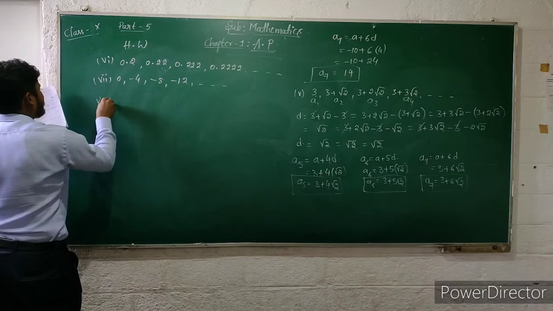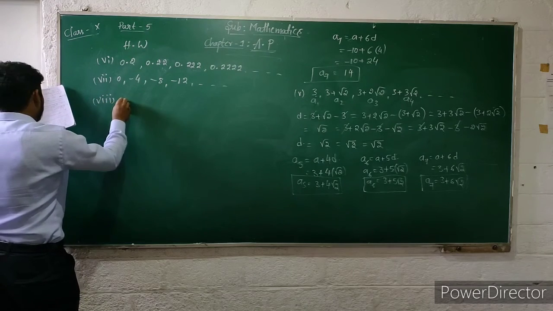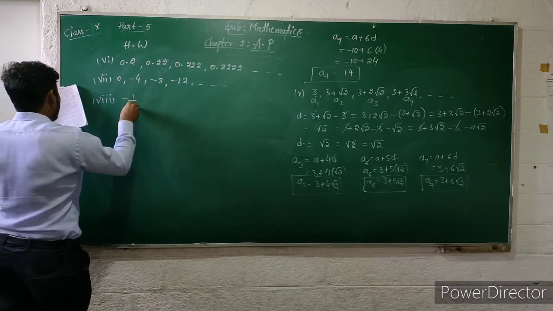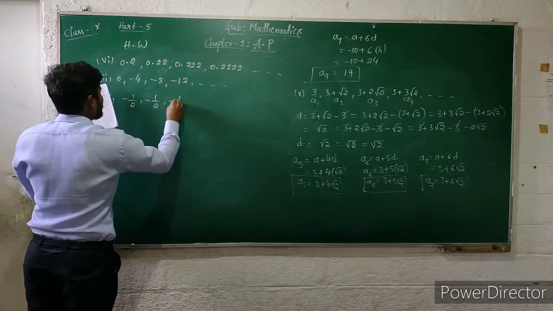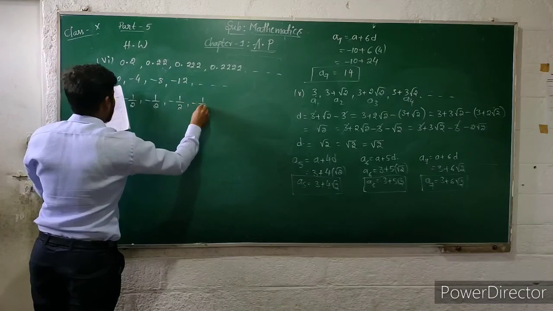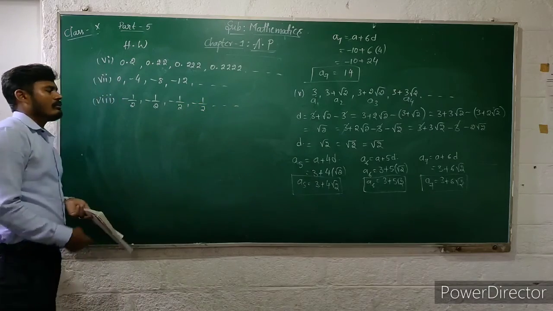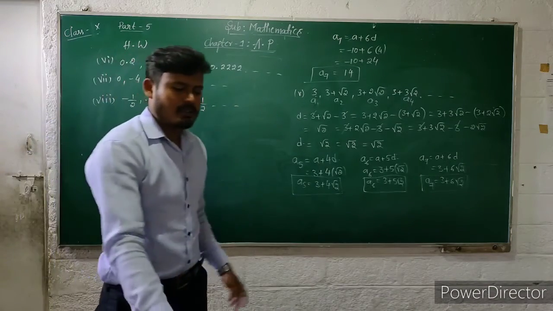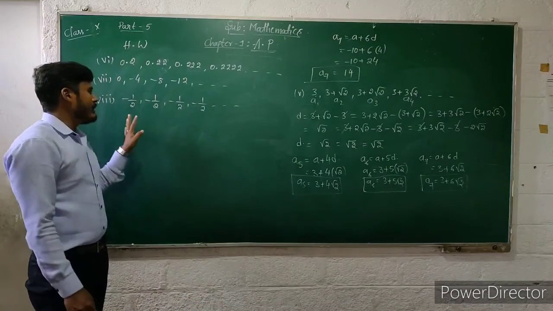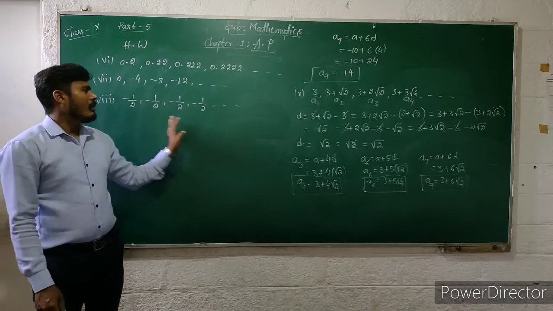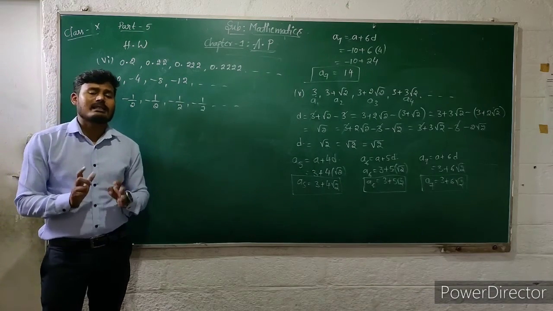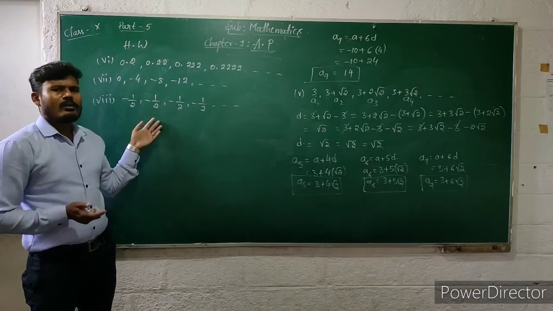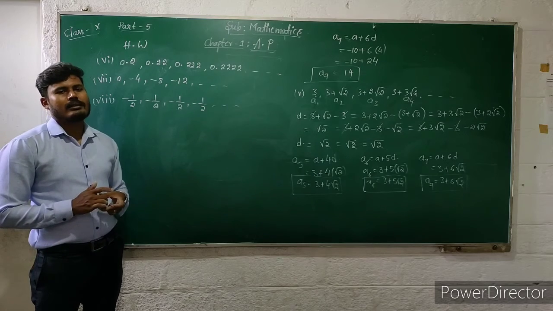Then the last one: -1 by 2, -1 by 2, -1 by 2, -1 by 2. So here the last question, you should observe it. In this question, all the terms in this sequence remain the same with the same sign. So what about its common difference?